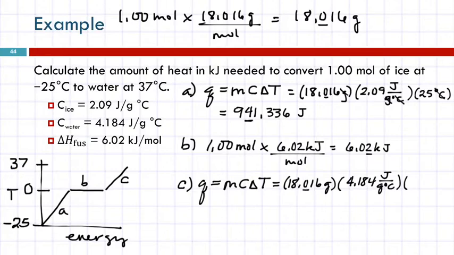So the temperature change is 37 degrees Celsius. We got 18.016 times 4.184 times 37 equals 2789.02, 2 sig figs again, joules.